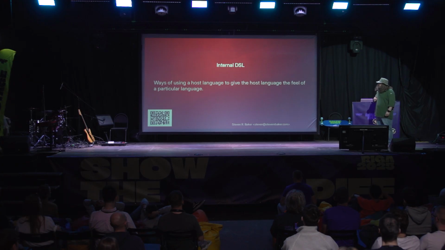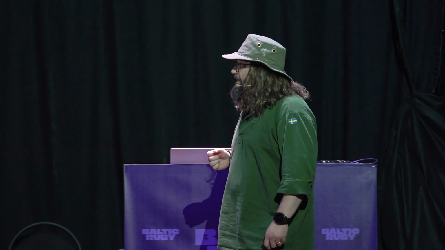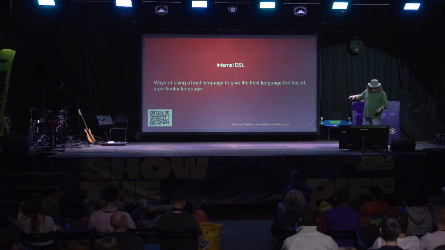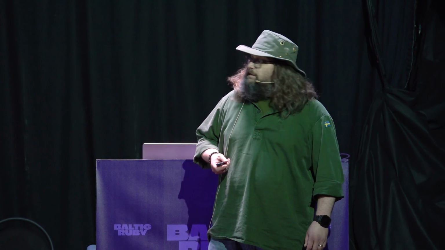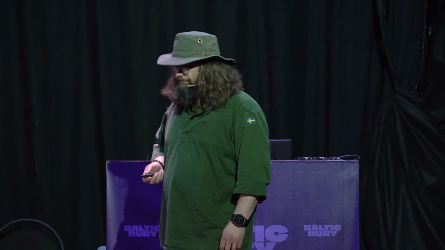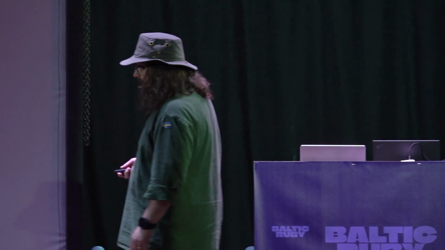This is technically what we do when we use Ruby to build DSLs, but practically, I think Ruby is way too good at building DSLs to be put into that box because it's as good as, or better than, external DSLs, which have their own custom syntax, and you have to write a whole full parser for yourself. And I haven't enjoyed writing parsers since I was about 12 years old, and I'm not going to do it again.